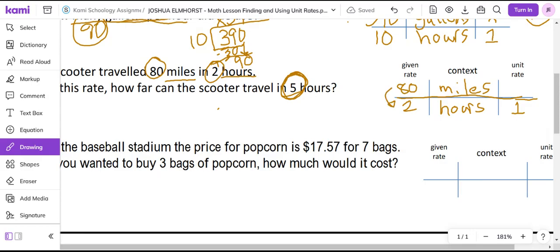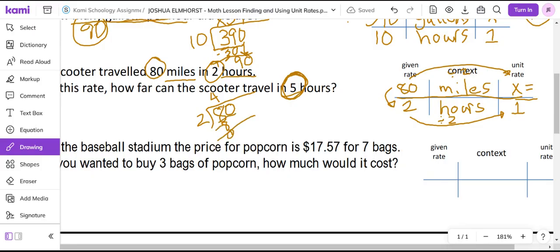How do you go from 80 down to 2? Or how do you go from 2 down to 1? So you can use factors. 2 divided by 2 will be 1. 80 divided by 2 will give you your answer. Or we just divide by the rate. 2 goes into 8 4 times. 4 times 2 is 8.